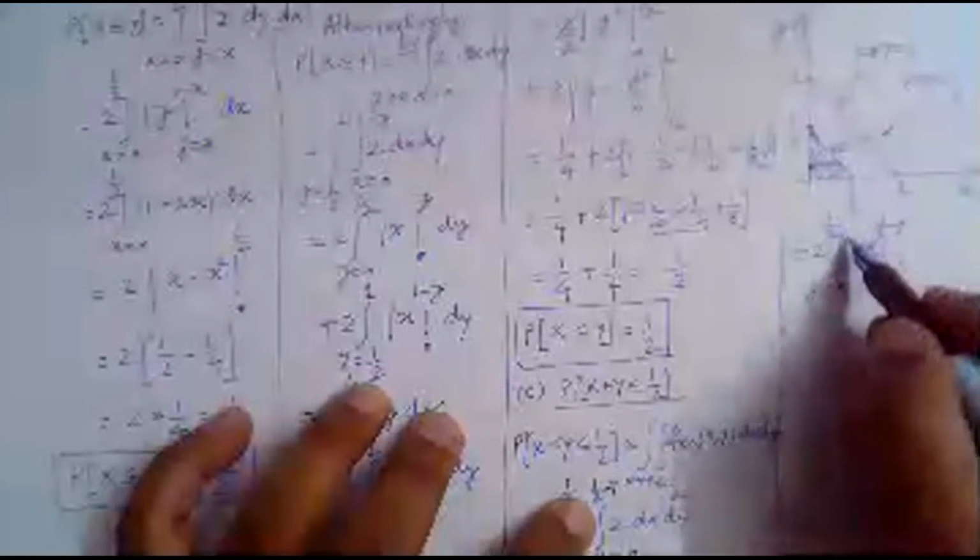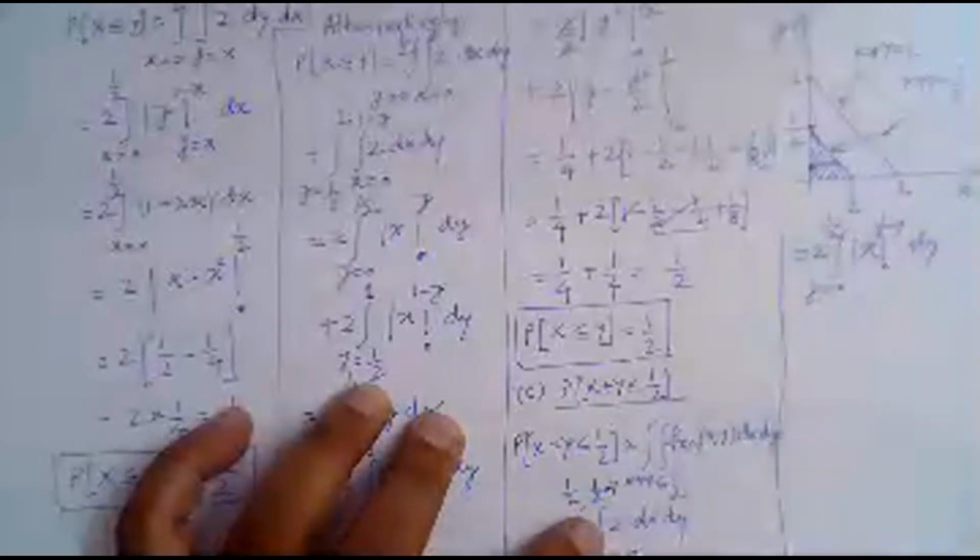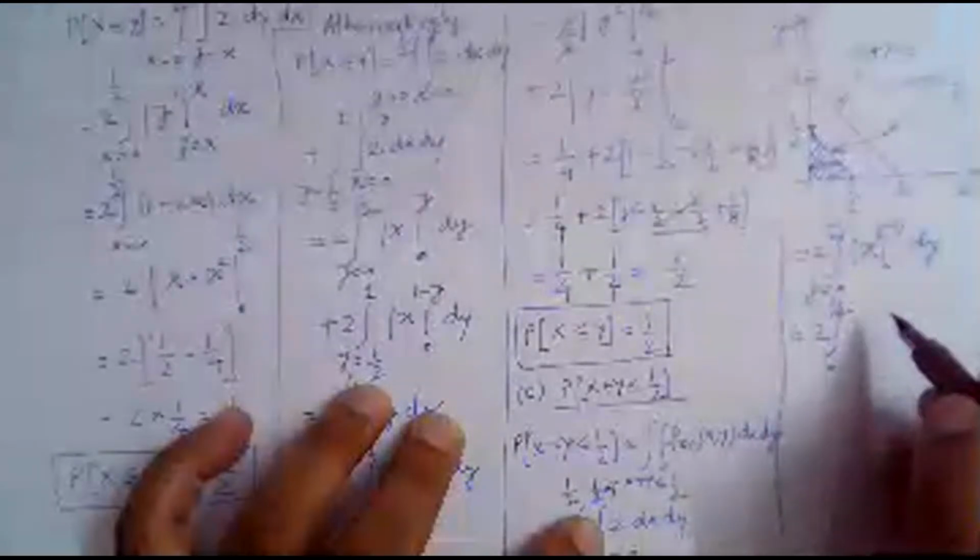And we still have to integrate with respect to y. So this is 2, and y is equal to 0 to 1 over 2, and this is 1 over 2 minus y minus 0, so dy here.